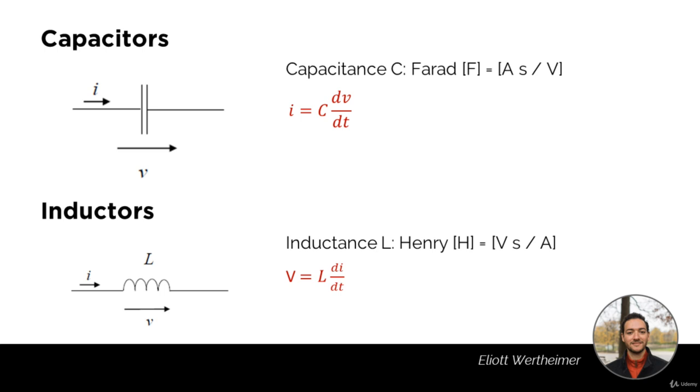It is expressed as L in henries with the symbol H and is equal to volts multiplied by seconds divided by amps. The mathematical expression for inductors is that the voltage across the inductor is equal to its inductance multiplied by the derivative of the current going across it with respect to time.